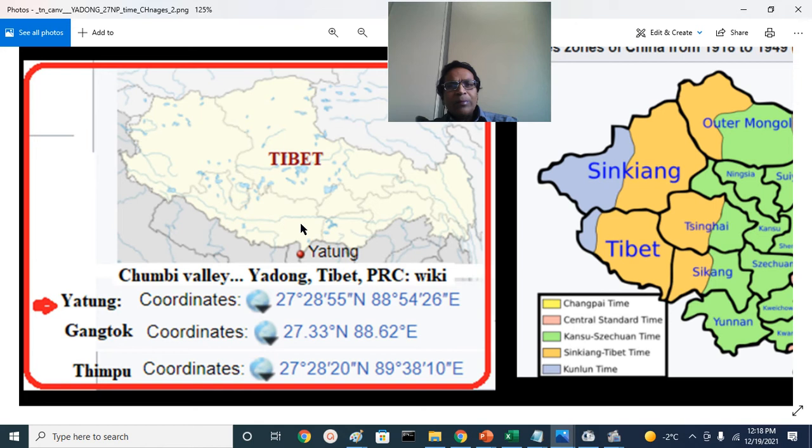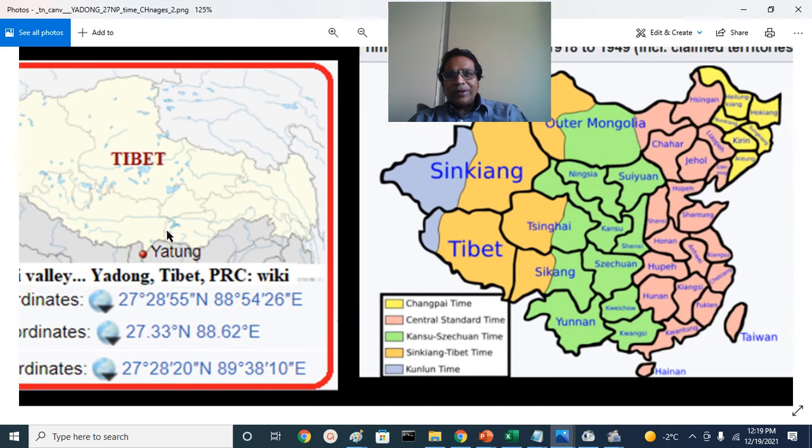This is the Brahmaputra river here, Brahmaputra Gorge, Arunachal region here. This is the Subansiri river, this is the Kameng river, and this is the Gandak river, and so on. This is the Rakshas mountains and Manasarovar. Yatung town is at coordinates 27 degrees north, that is the parallel, 88 degrees is the longitude, and Gangtok is almost close to that. Thimphu is also very close to that.